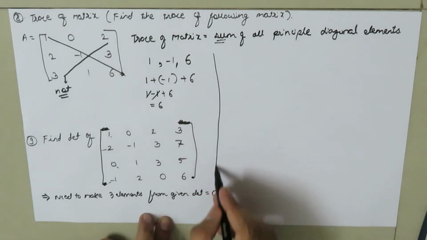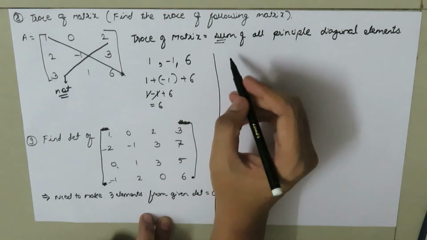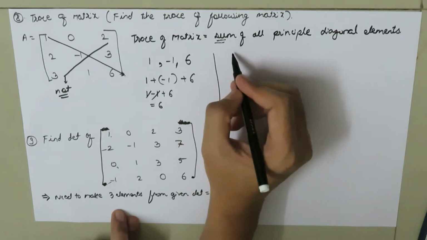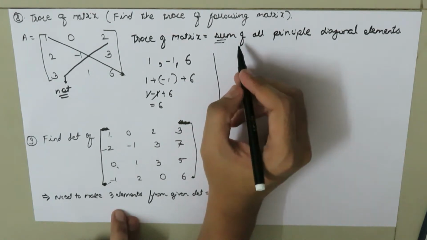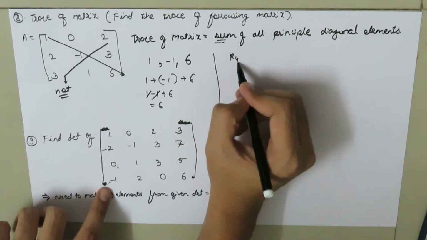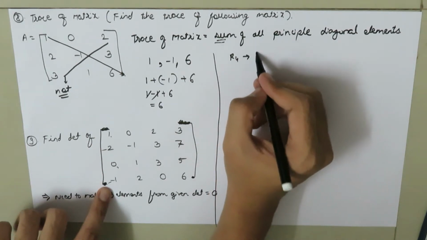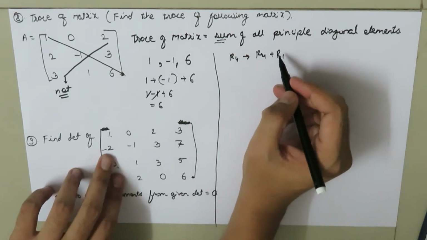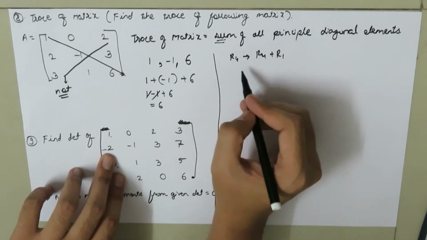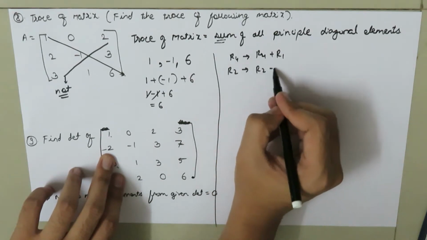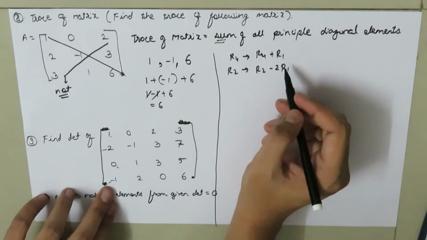The shortcut technique for solving this determinant is as follows. This is R1, R2, R3 and R4. We make R4 into R4 plus R1, and here we have 2, so we make R2 into R2 minus 2 times R1. So let's check.